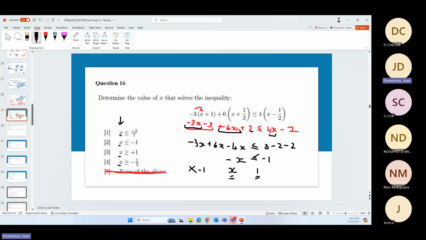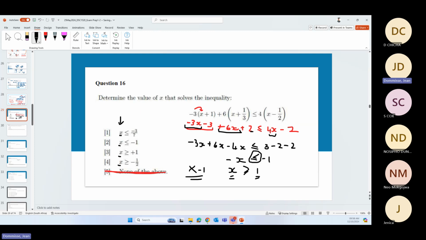Then the important thing: if we multiply by a negative number, this inequality will change from smaller than to bigger than. So that is the important rule when you multiply by a negative, that the inequality will change.